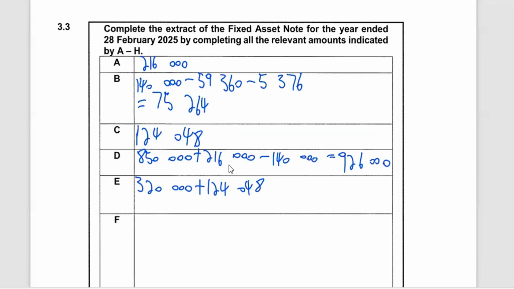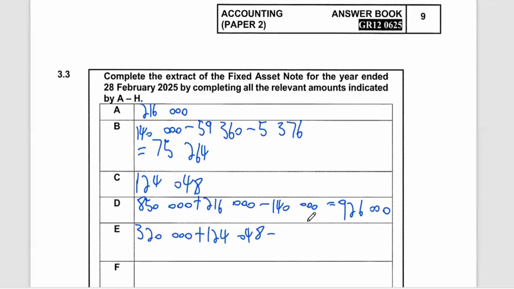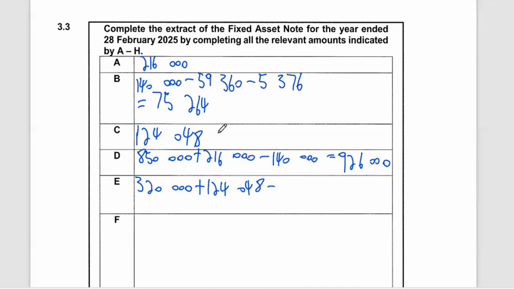Then we minus the depreciation of the asset that was disposed, which is 59,360 plus 5,376. Then we get our answer, which is 64,736.